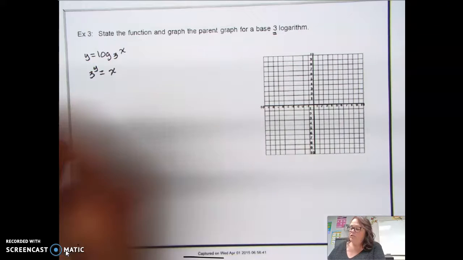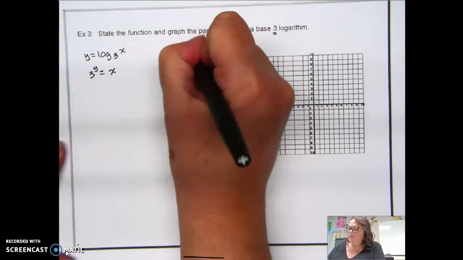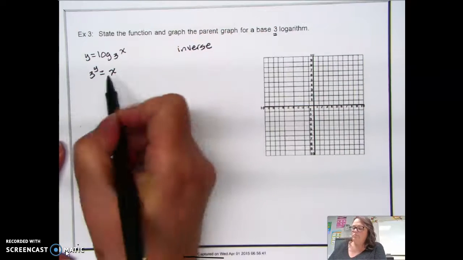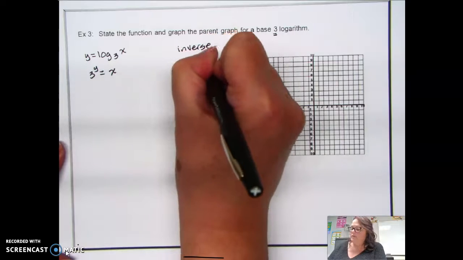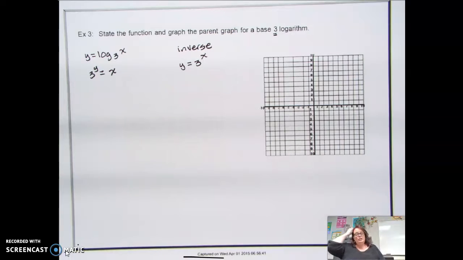So then if we talk about the inverse, that switches the x and the y, so that is saying y is equal to 3 to the x power. So that changes our parent graph from a base of 2 to a base of 3.